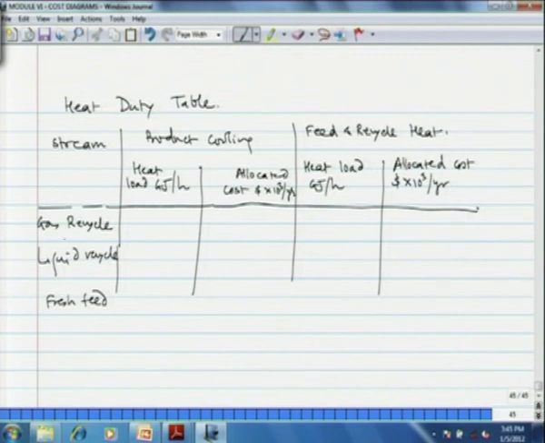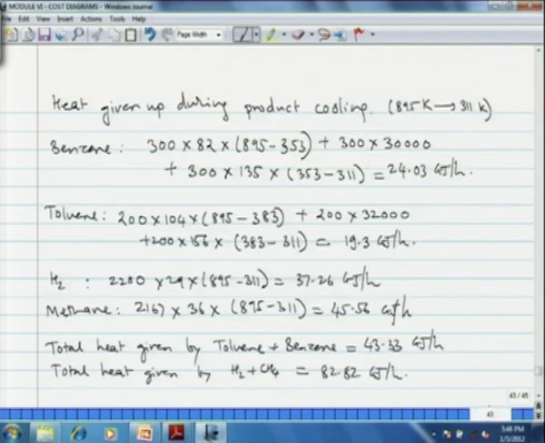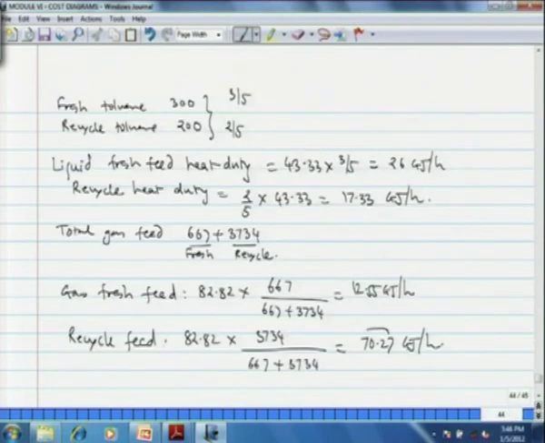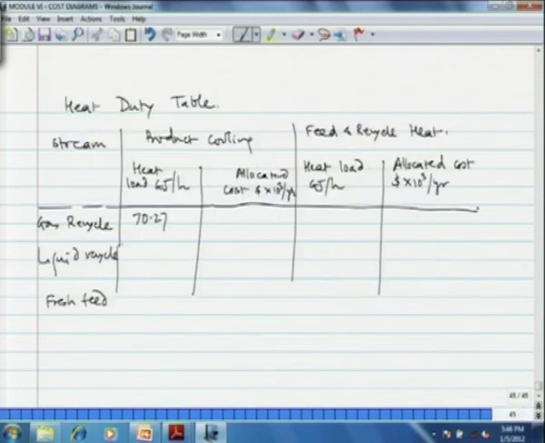The total gas recycle component of product cooling heat duty was 70.27. We just calculated here 70.27. This one. So that we list here. Liquid recycle was 17.33 and fresh feed was 38.55.